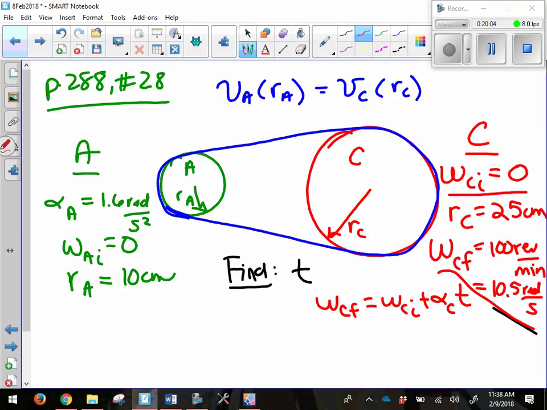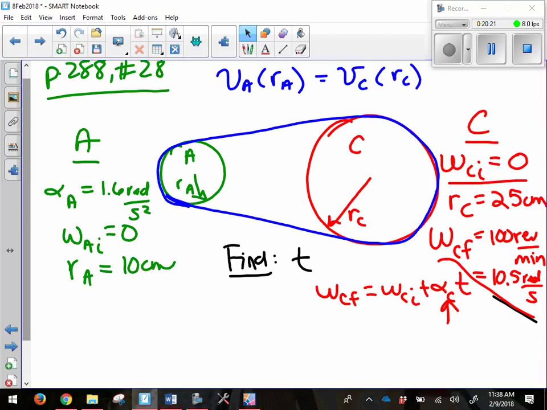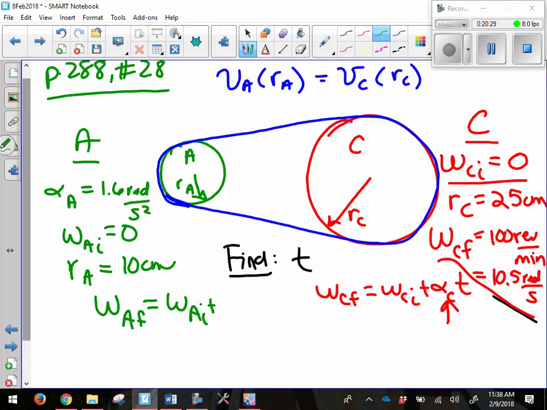But you're right, I need alpha C. Do I have any kind of alpha? What do I have? I have alpha A. So what would happen if I applied this equation to my A column? I'd have omega AF would be equal to omega AI plus alpha A times T.